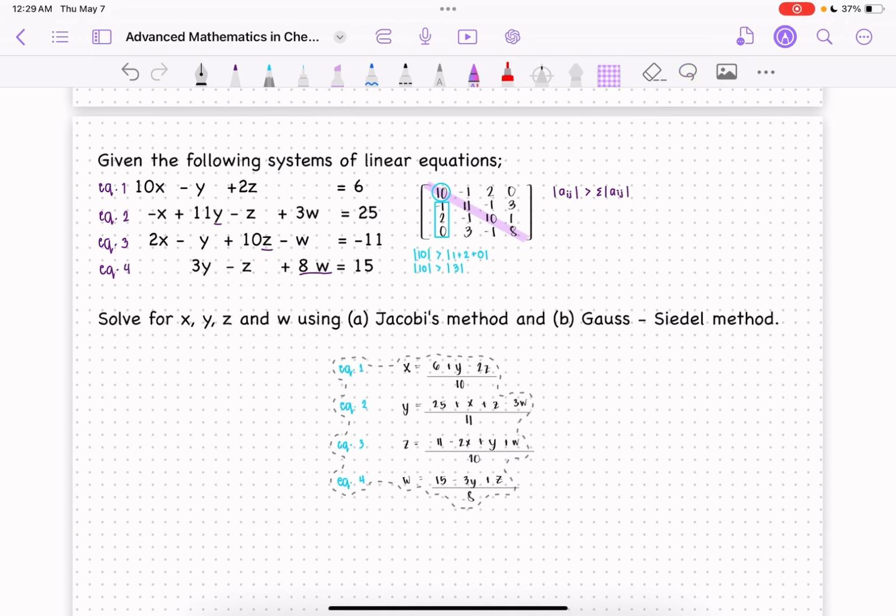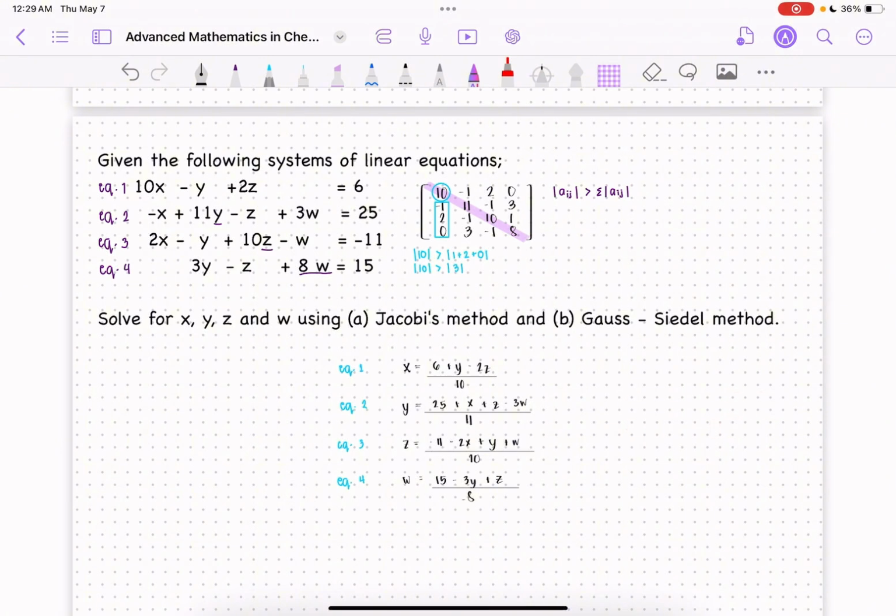So for x, again, I just transposed the non-x values to the right side. So that would be 10x is equal to 6 plus y minus 2z, and then divided by 10 in order to cancel the 10 here. For y, that would be 11y, and then transpose all the non-y values. That would be 11y equals 25 plus x plus z minus 3w, and then divide it by 11 to cancel the 11.